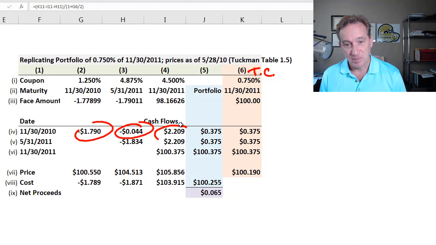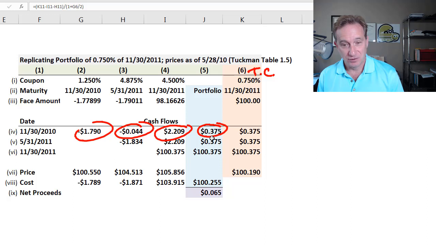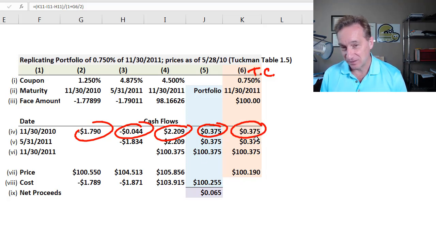We're going to pay this amount on this bond that we sold, so that we're paying 37.5 cents on the replicating portfolio that we sold. And we get that from the exact same 37.5 cents on the trading cheap bond that we purchased.